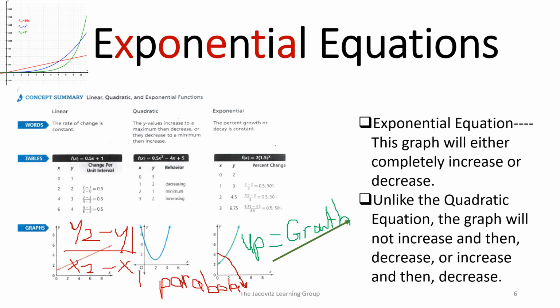And whenever it's going down, you have decay. Okay, I'm going to write this in red.